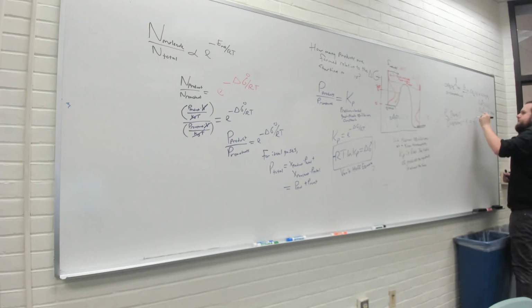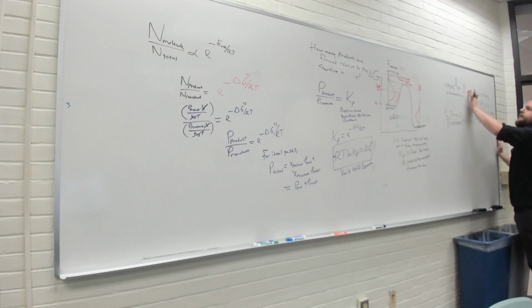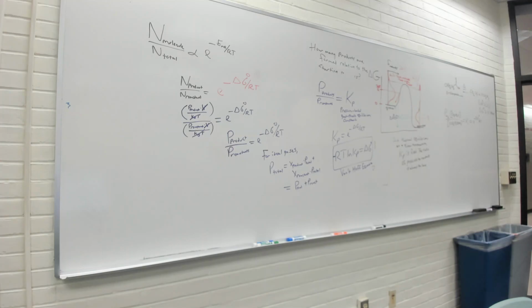So K is e to the minus delta G over RT. So let's say we want to make our chloroethane by decomposing this. But if we just let this sit, we're going to almost always have just our reactants, reactant favored. All right, so how do we efficiently decarboxylate this?